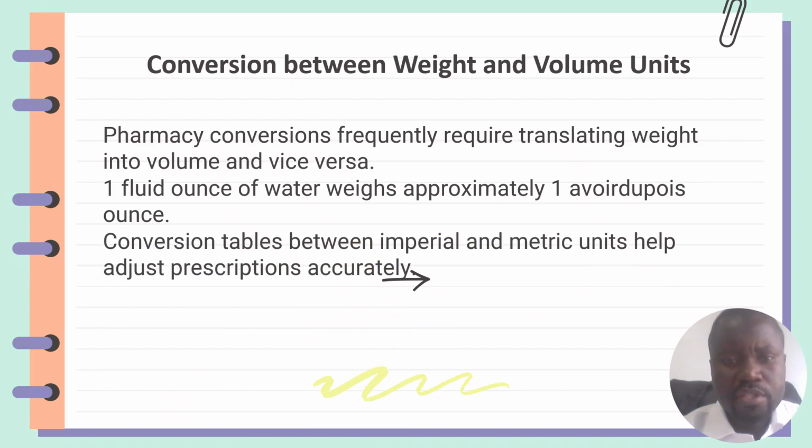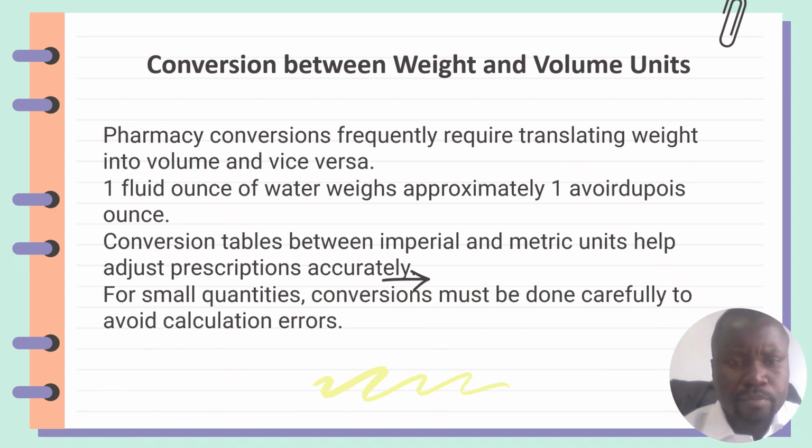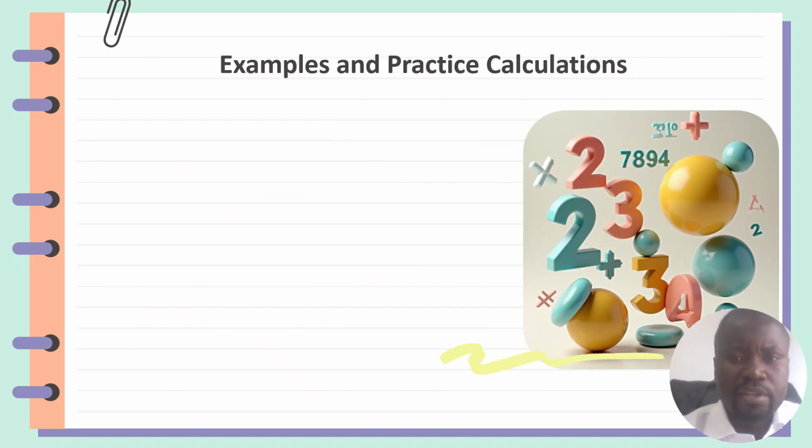The conversion tables between imperial and metric units are there to help you cross-check whether your calculations are accurate and in line and proper. For small quantities, as we have said, conversion must be done carefully to avoid calculation errors.